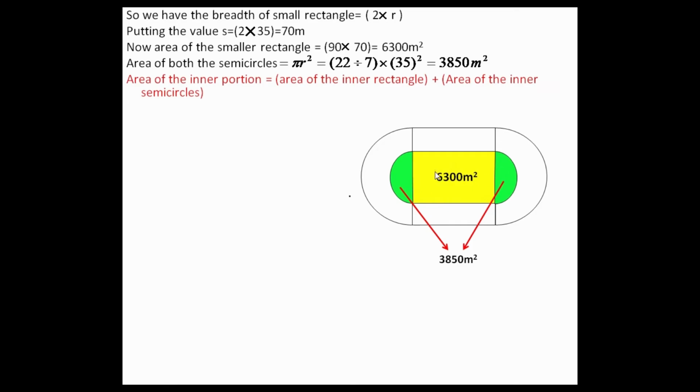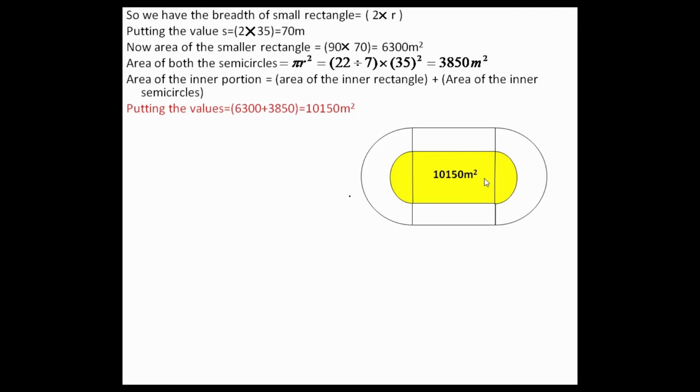Now we have carried out the area of both these semicircles and rectangle. So we just have to add these values and I will get the area of the whole inner portion, which will be 10,150 meter square. This is the area of whole inner portion.